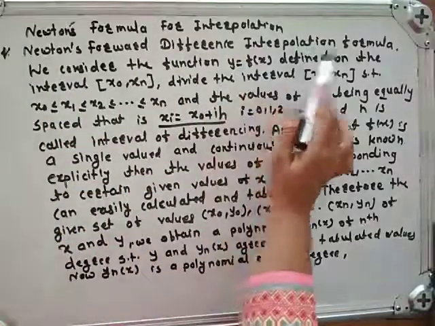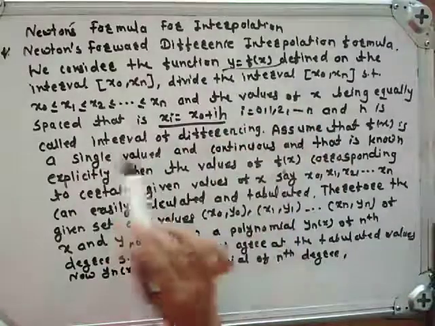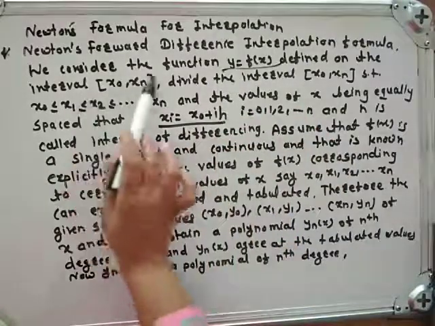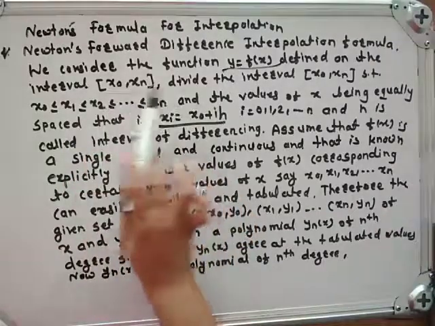Newton's forward difference interpolation formula. Here we have considered the function y is equal to f of x, defined on the closed interval x0, xn.